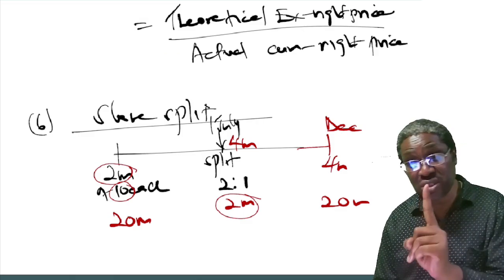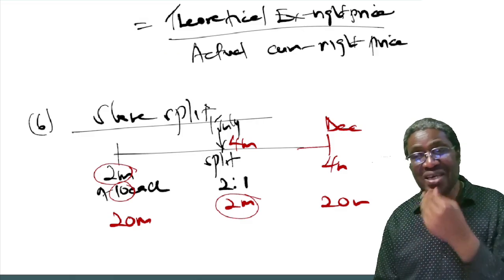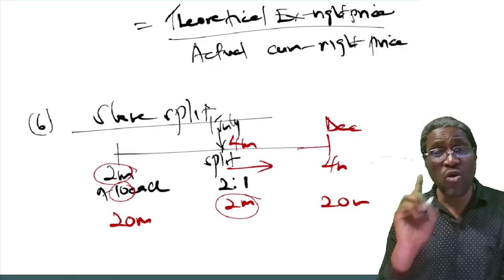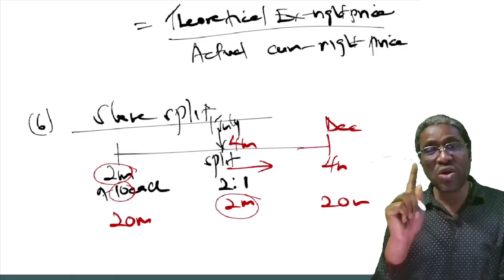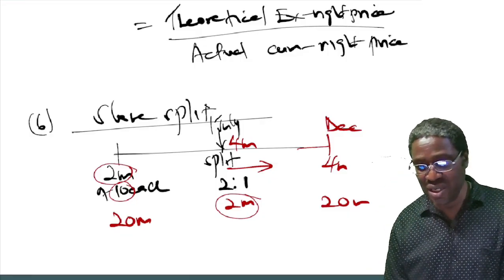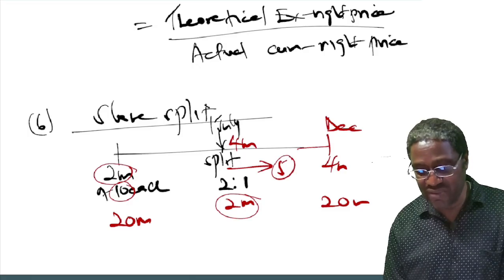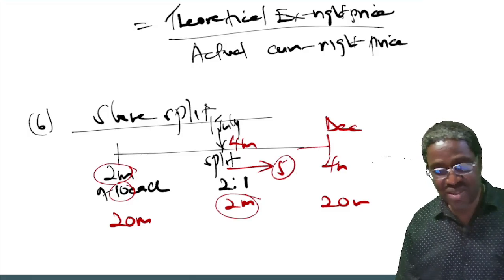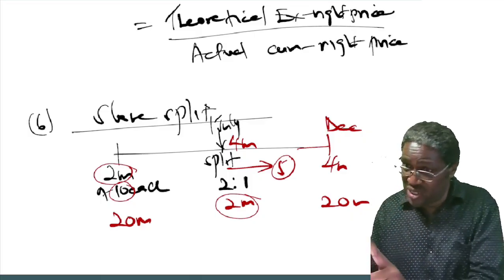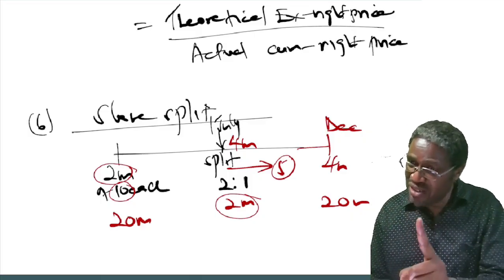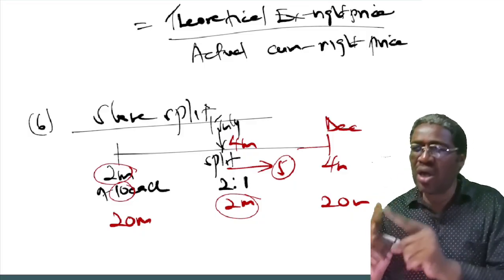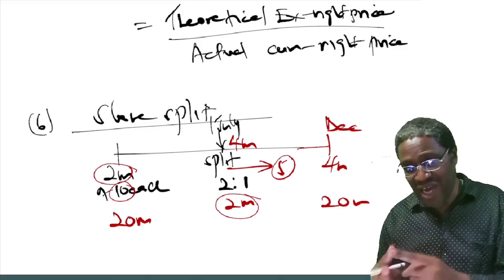So what changes? Listen. It means now from 1st July, 1 share of your company will no longer have a par value of 10. Your company will have a par value of 5. Listen. So when we issue shares as a result of a share split, we normally say more shares are issued at a lower par value.